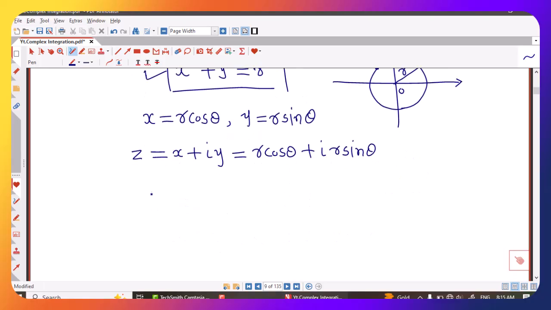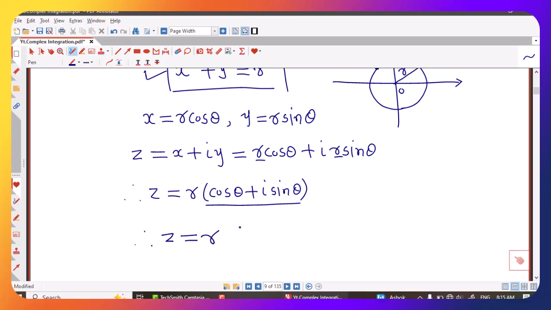Therefore we can write z equal to, if I take r common, z equal to r into cos theta plus i sin theta, and if I use Euler's formula, I can rewrite this as z equal to r times e raised to i theta. So this is another form of circle in which we are writing z in terms of r and theta.